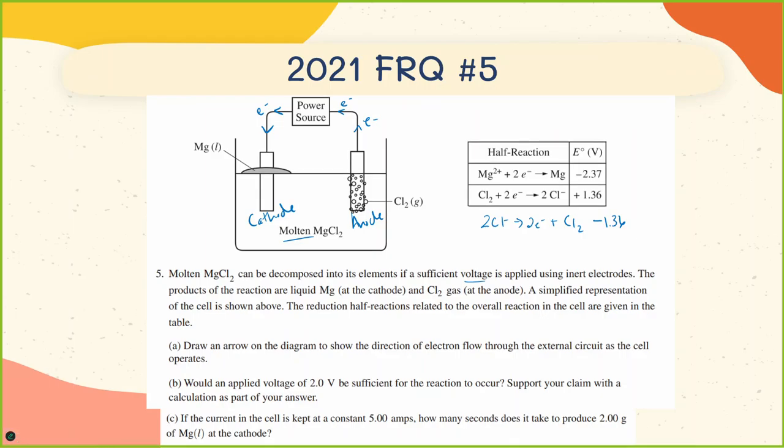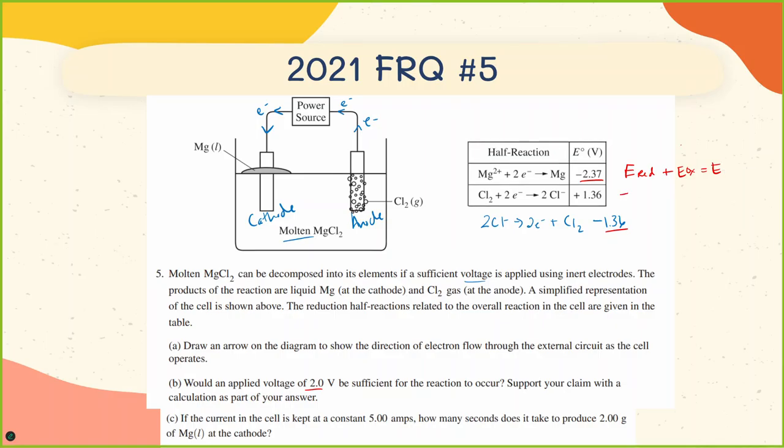All right. Would an applied voltage of 2 volts be sufficient for the reaction to occur? Support your claim as part of the calculation. Well, to make this work, we have our E red plus our E ox to get our E cell.